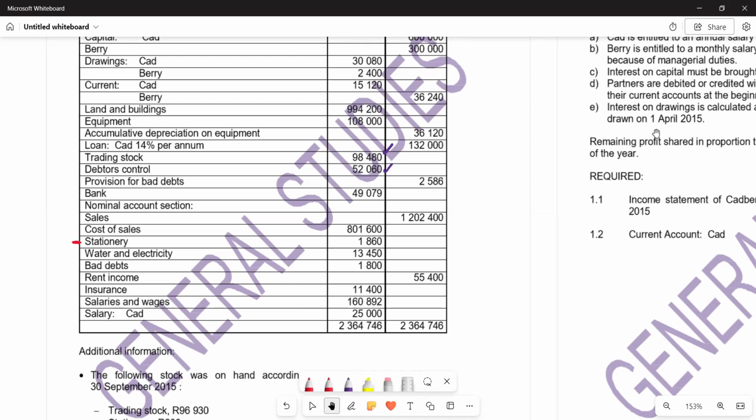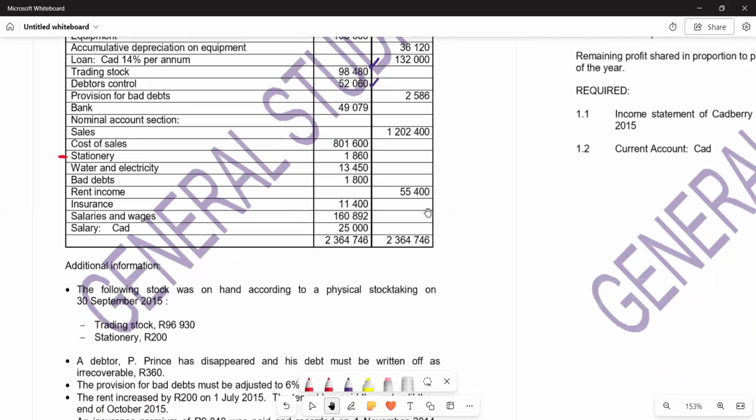So we go down to see what was left at the end of the year. Here we are seeing that we have got 200 as stationery that was there at the end of the year. So to get what was used, we are saying 1,860 minus 200. Stationery is 1,860 here. So we are saying 1,860 minus 200.